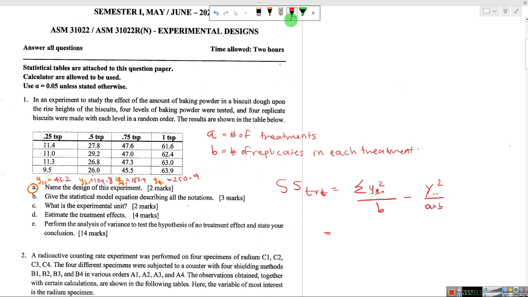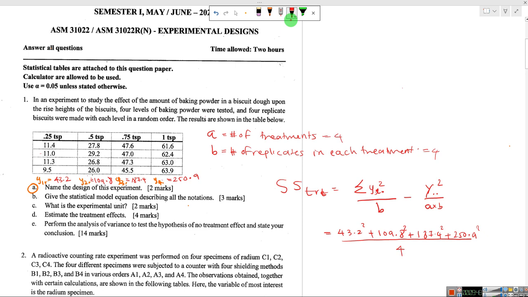Now if I substitute these values: 43.2 square plus 109.8 square plus 187.4 square plus 250.9 square divided by, since we have the same number of observations in each treatment, we can divide the entire value by 4, right? Since we have 4 here, here also 4, here also 4.